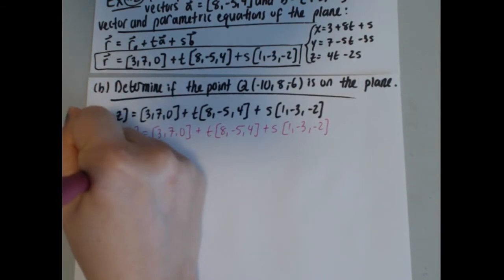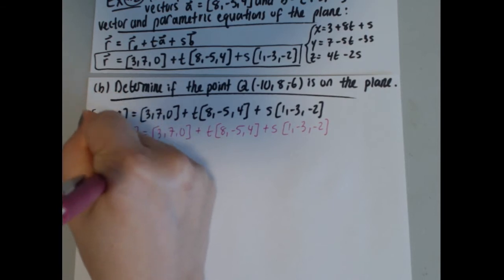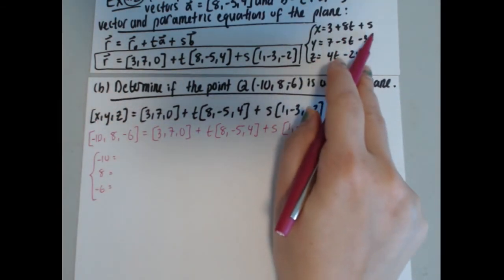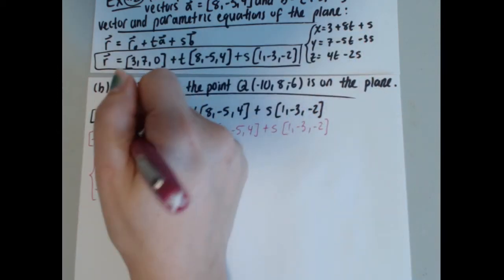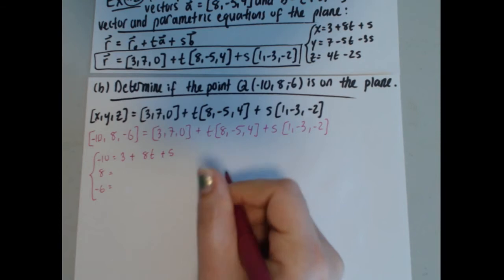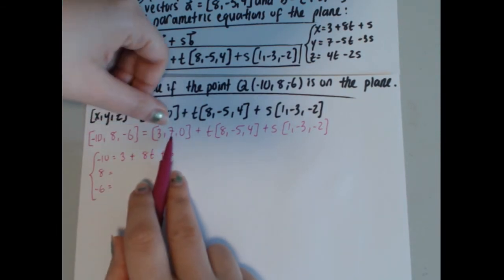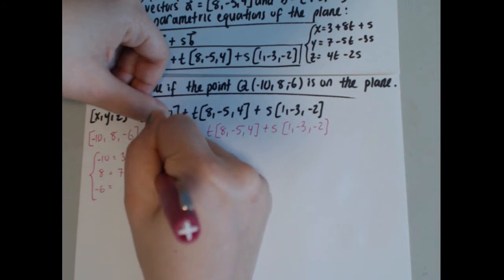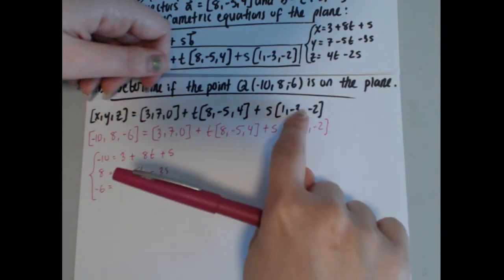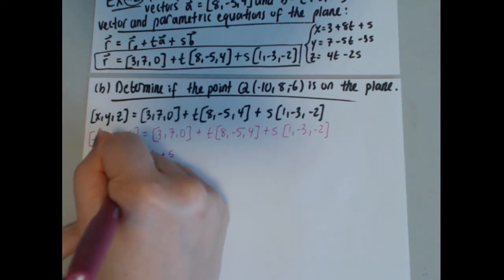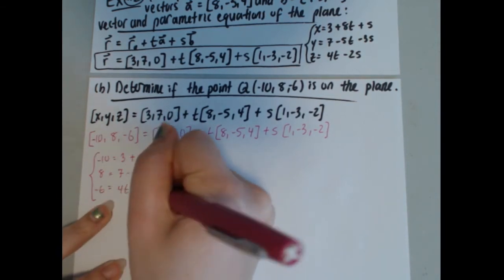So -10 is equal to 3 plus 8t plus s. Okay, so 8 is equal to 7 minus 5t minus 3s. And z: -6 is equal to 0 plus 4t minus 2s.